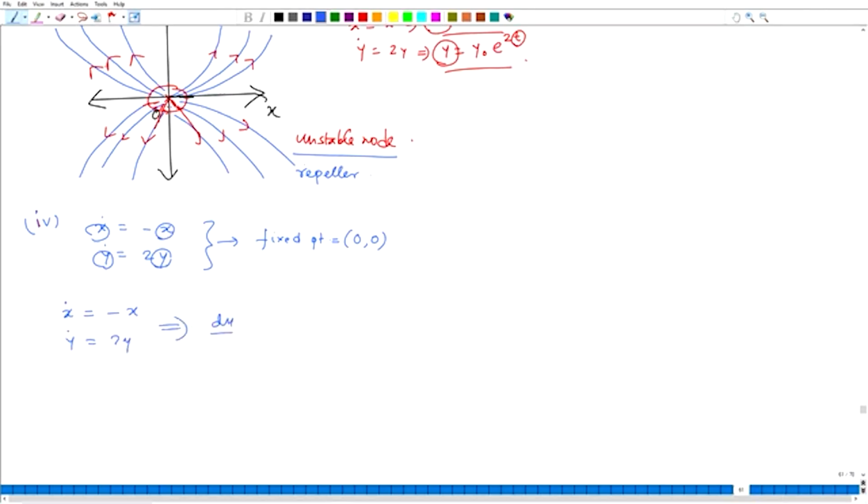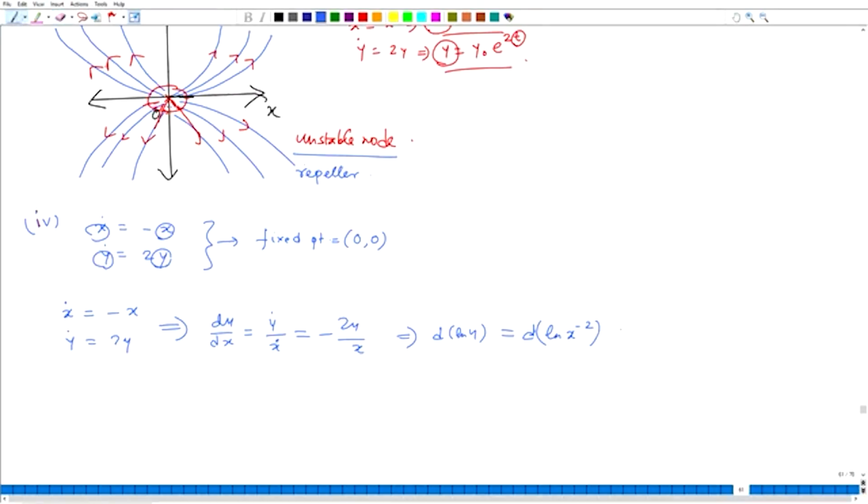So, x dot equal to minus x and y dot equal to 2y gives me dy by dx, which is y dot by x dot, equal to minus 2y by x, and that is why d of log y will be equal to d of log x to the minus 2, plus some constant of course.